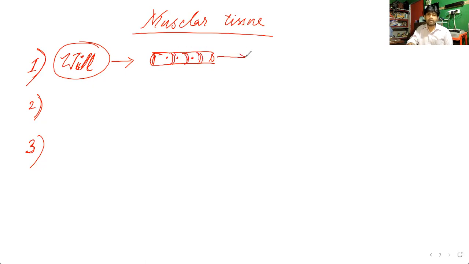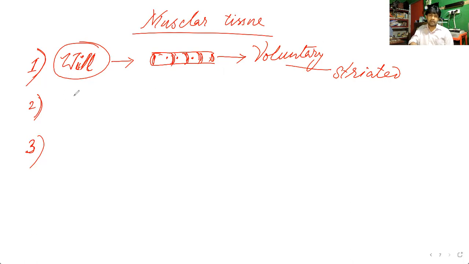So this type of muscular tissue is, first of all, called voluntary muscles, voluntary because they can be controlled by our will. And as they have so many dark and bright stripes in them, they are also called striated muscular tissue. So this is the first type of muscular tissue.